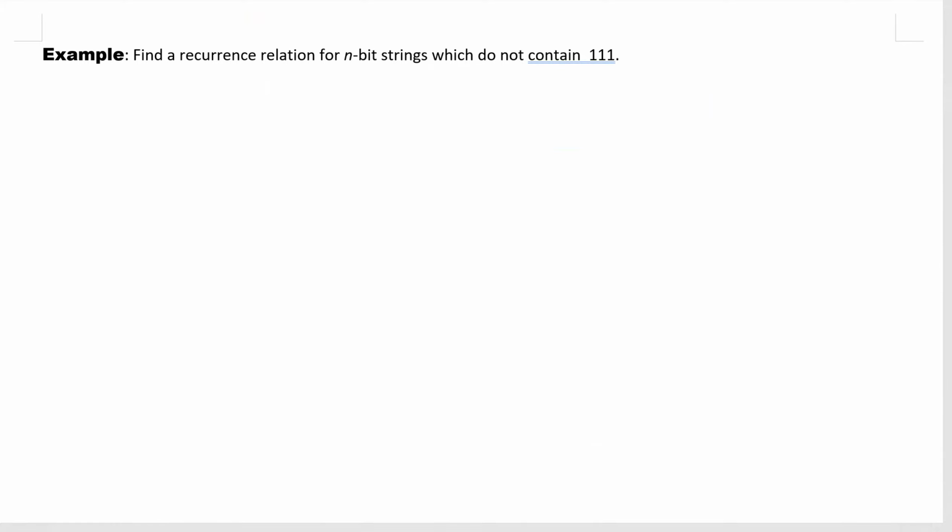Okay, so far so good, everybody. Let's look at more interesting examples. In this example, we want to find a recurrence relation for n-bit strings which do not contain 111. All right, so we let S_n be the number of n-bit strings which do not contain 111.